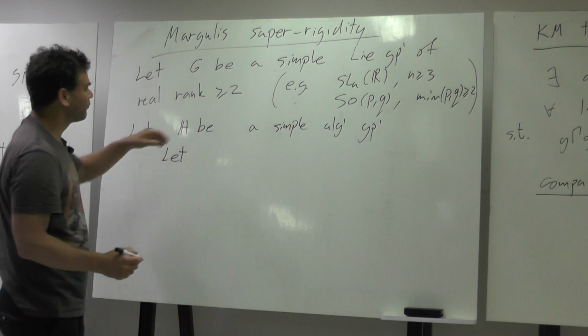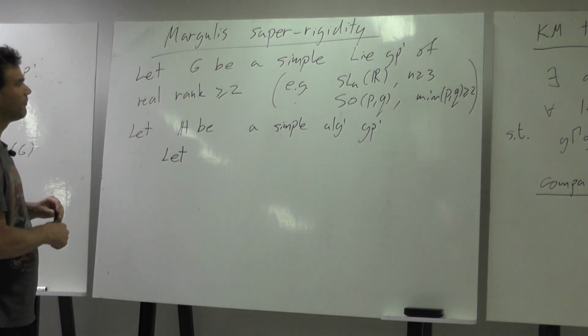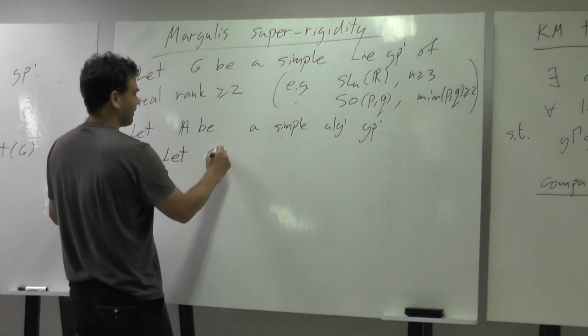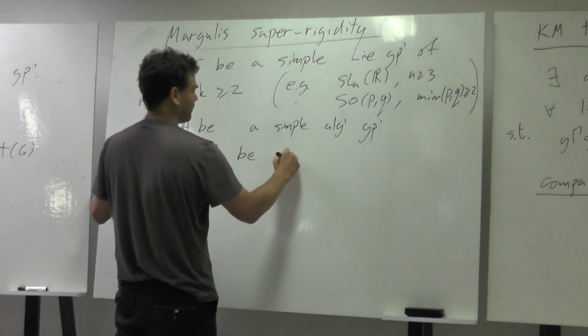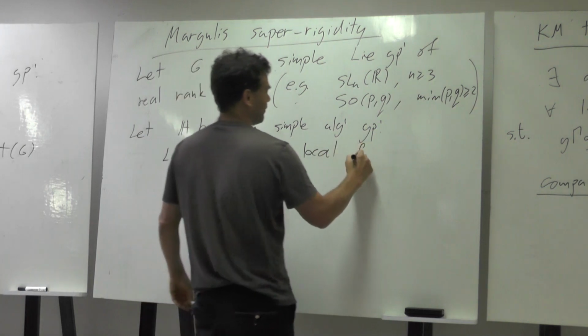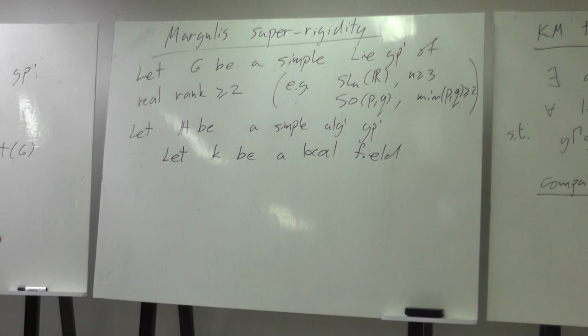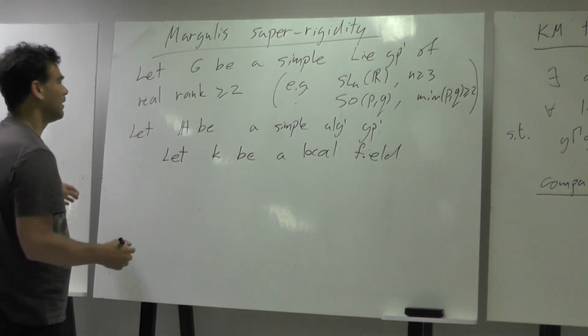In fact, you don't need to assume simple; you can assume much less. Okay, let K be a local field. So it could be R, C, Q_p, a finite extension of Q_p.